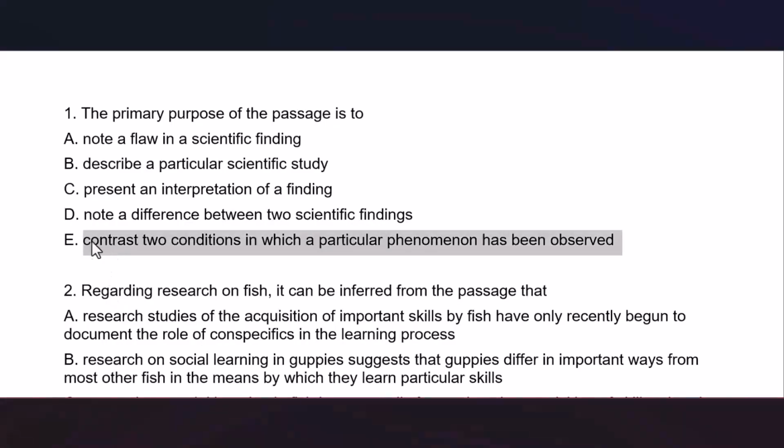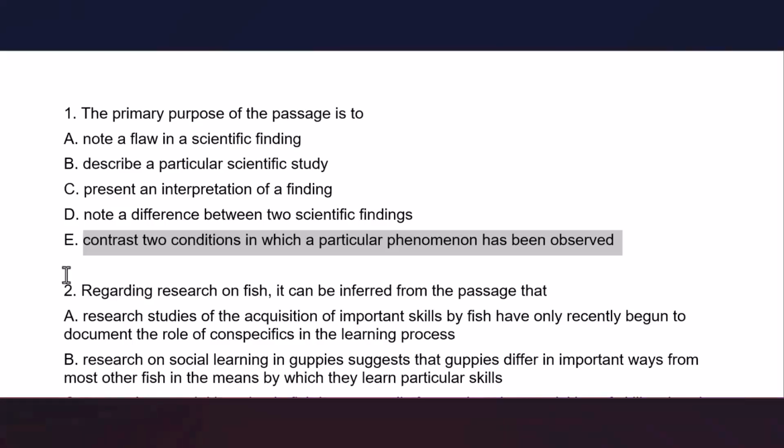Choice E. To contrast two conditions in which a particular phenomenon has been observed. Is this the primary purpose of the passage? No, because the author of the passage draws a contrast between two conditions: the condition of high density guppy society and low density guppy society, to draw the conclusion.